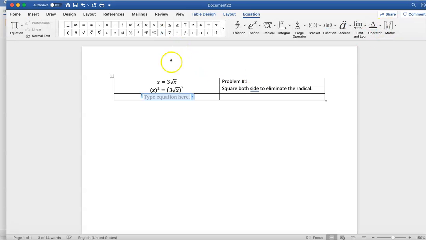We should be typing in the left side always with the insert equation. Okay, so now we've squared it, so it actually is x squared. And then it would equal, when we square this, what do we get? Well, 3 squared is 9, and the square root of x squared is x.